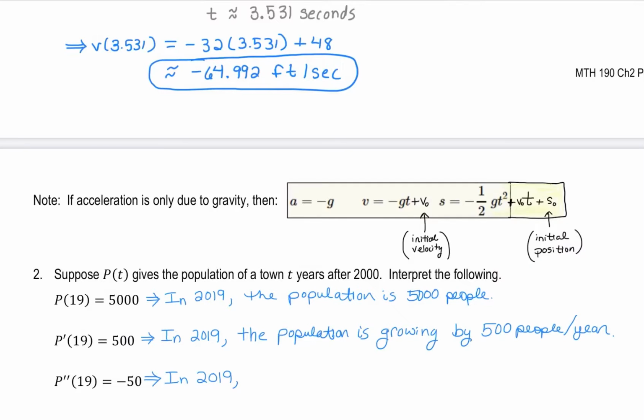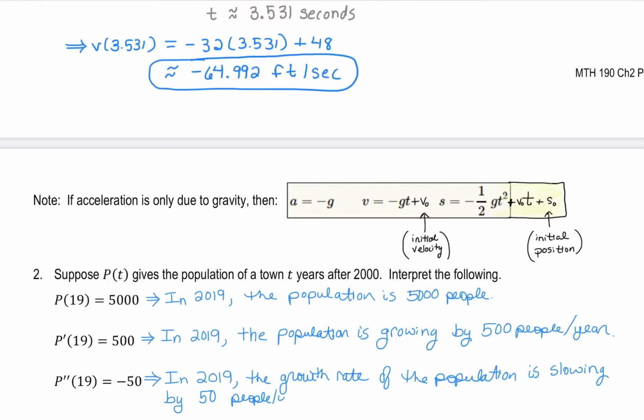So we might say something like, in the year 2019, the growth rate of the population, or the rate of change of the population, I kind of like the growth rate of the population, is actually slowing because of the negative, or decreasing, but it's actually slowing down by 50, and again, the label's important.